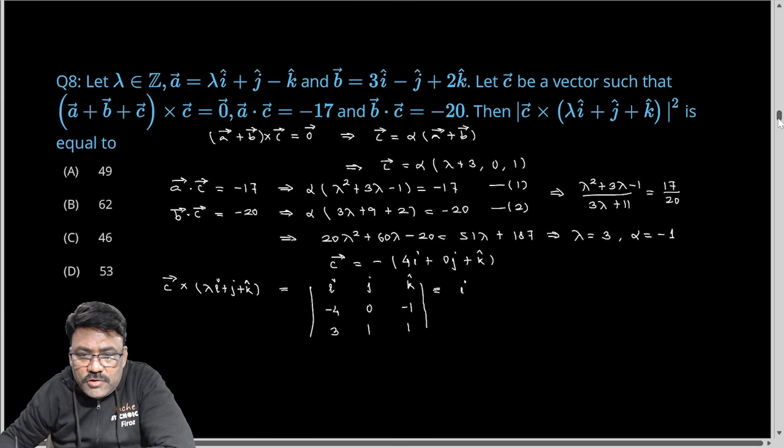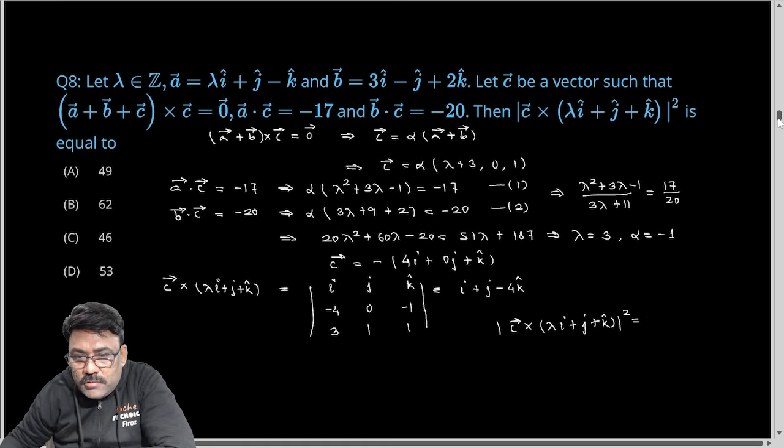With j you are getting minus 4 plus 3, so plus j. And with k you are getting minus 4k. Now what will be its mod value? If I take the mod of C cross lambda i plus j plus k and take the square of the mod, I will get 1 plus 1 plus 16.